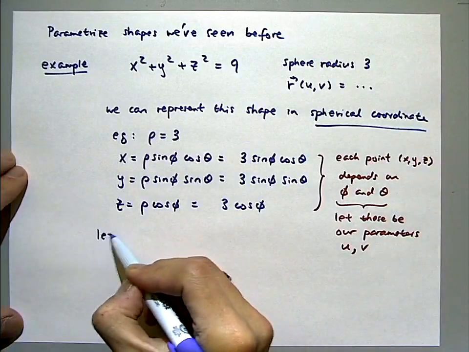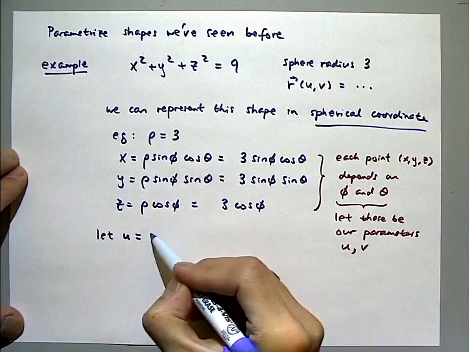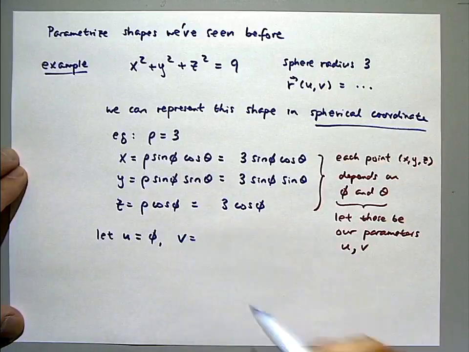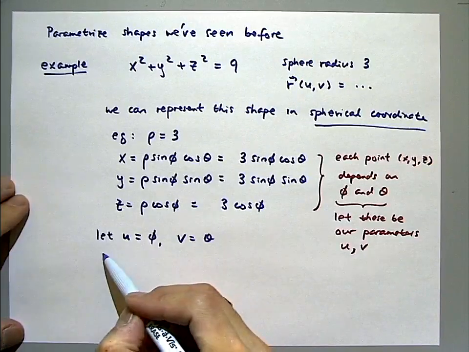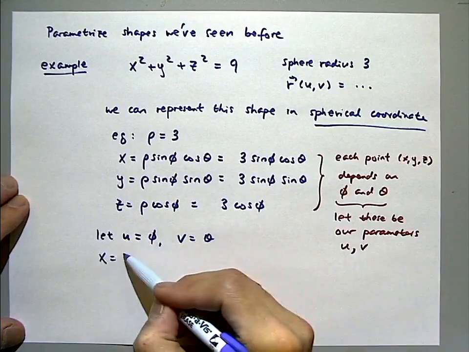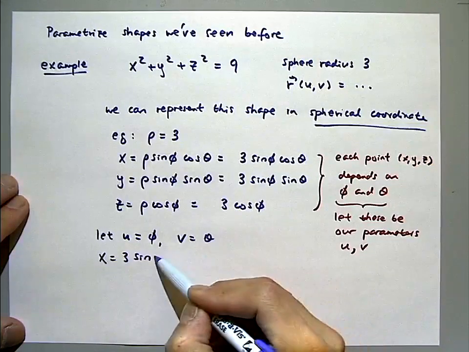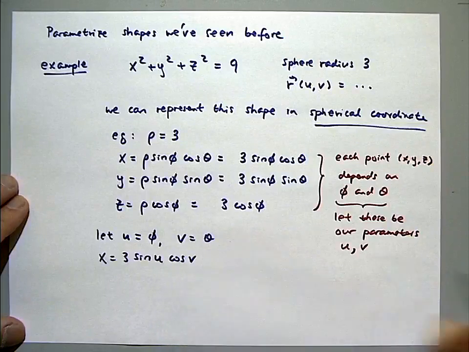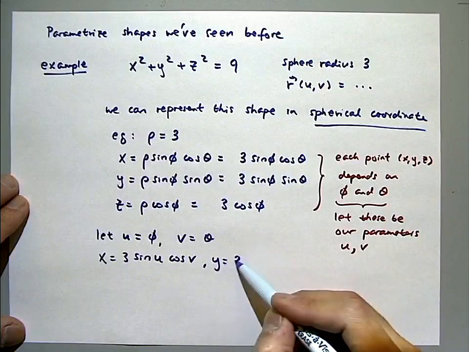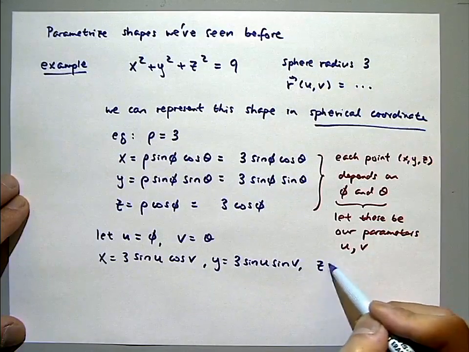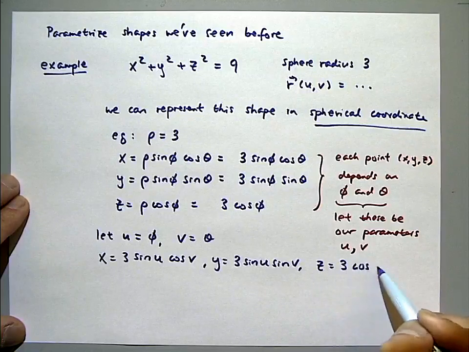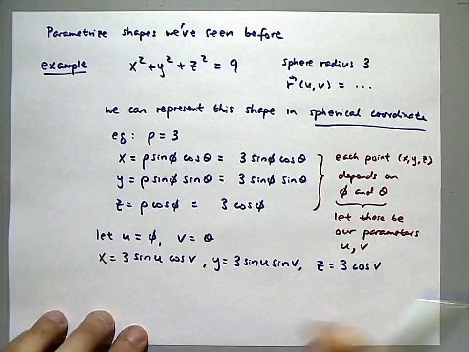So we're going to arbitrarily let u be phi and v be theta. And that's a completely arbitrary choice. I could let u be theta, let v be phi if I want, but it really doesn't matter. So this means x is 3 sine u cosine v, y is 3 sine u sine v, and z is 3 cosine u.